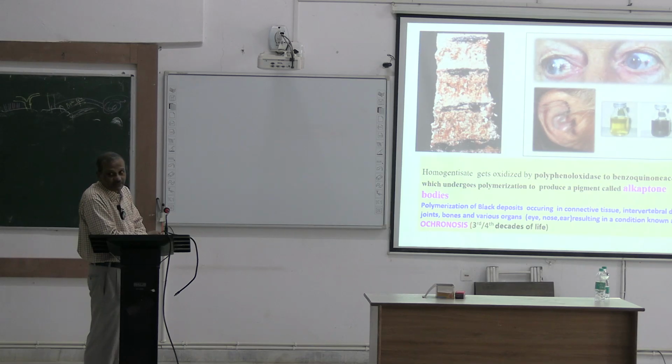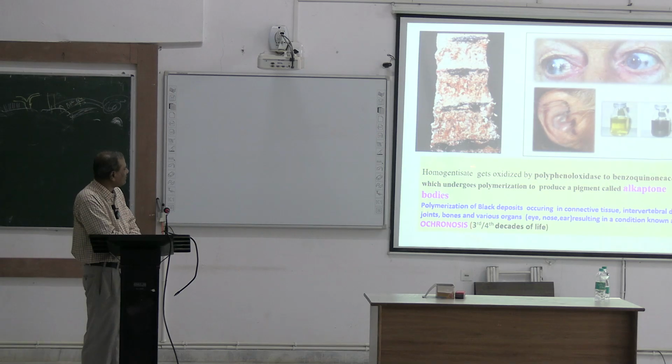Once you see this type of case, you will be able to think and diagnose that it can be a case of alkaptonuria. It can be deposited on the cartilage of the bone, and fresh urine will not look abnormal, but on standing it will form a black urine. That is called alkaptonuria. Okay.